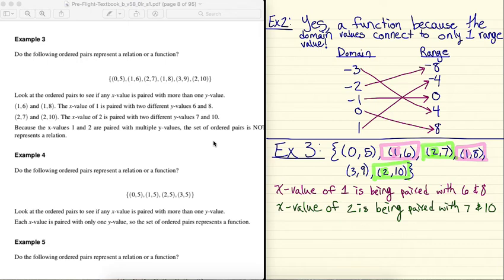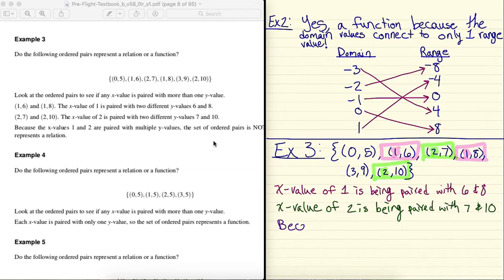My x value of 3 in that last ordered pair does not repeat. It's the only one of its kind, so I don't need to look at that. What I'm looking at and why I wrote down these x values of 1 and 2 and how they're paired to multiple numbers is because that means that this set does not represent a function.